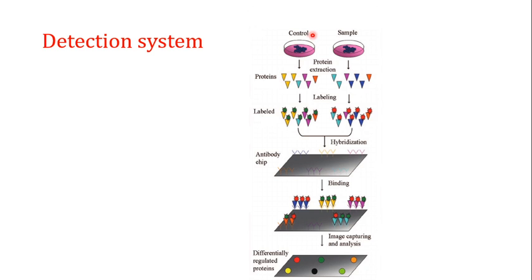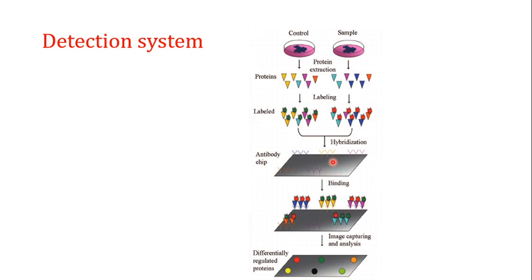So say, for example, if you have the proteins from the control, you are going to label them with a green fluorescent molecule. And once you have isolated the proteins from your sample, you are going to label them with a red fluorescent molecule. When you have labeled both the proteins from the control and the proteins from the sample, you are going to combine them and add them onto the protein chip.